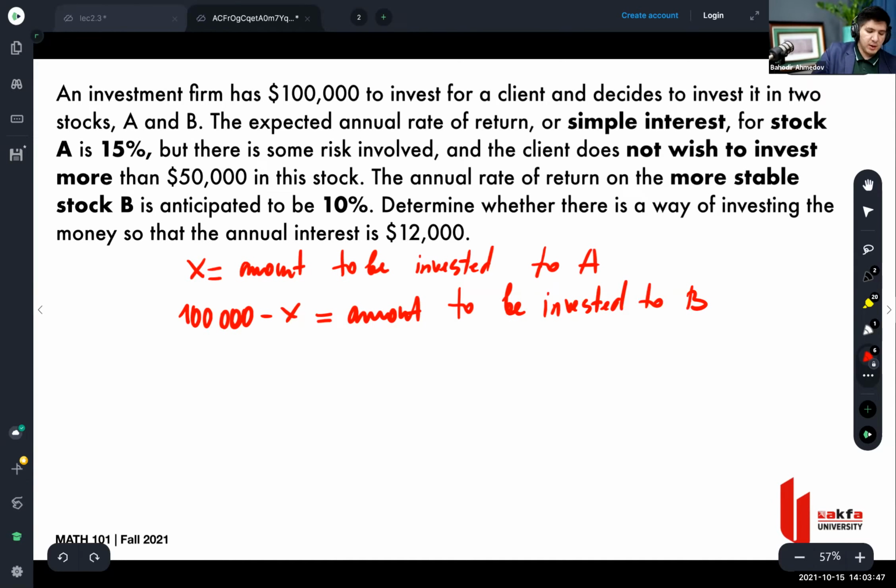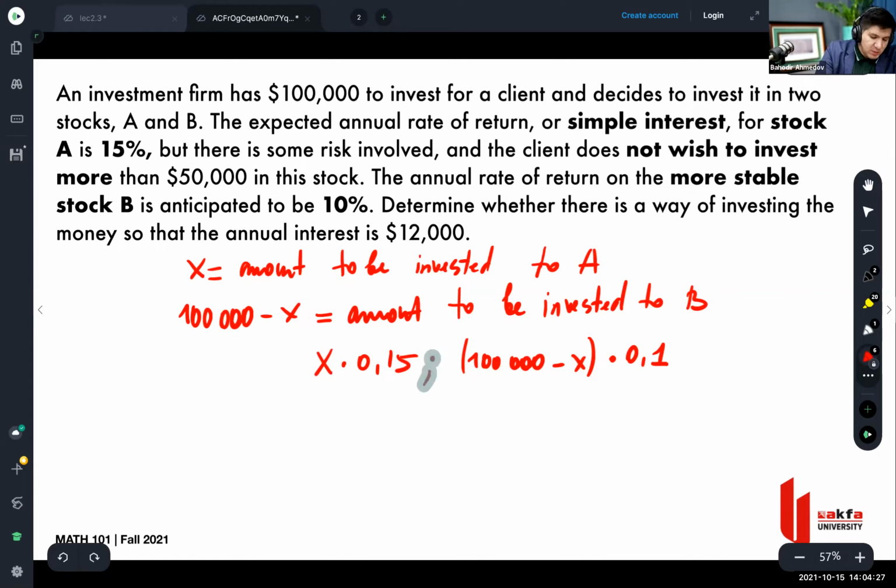Okay. So the interest obtained from stock A is essentially X times 0.15, the money which can be profited from A, right? For example, if I just invest 10,000 in A, then I would get 10,000 times 15%, which is going to be 1,500 from A. And the interest which I will obtain from B is going to be (100,000 minus X) times 0.1.